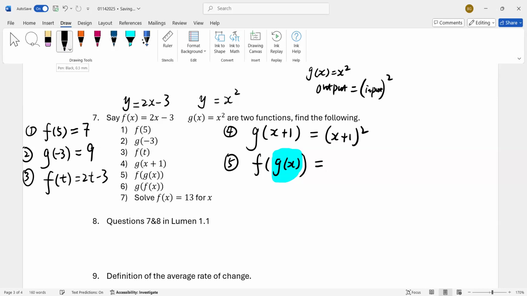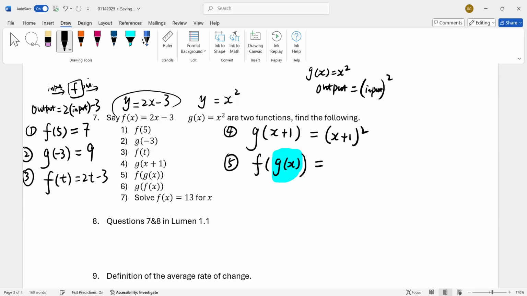Perfect. So the function f, let's see the machine f. What's the relationship between output and input? For function f, the output is always equal to double the input and then minus 3.